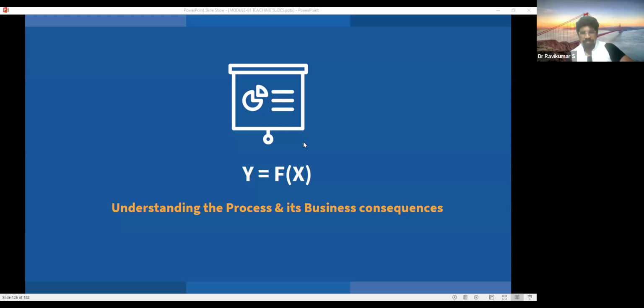Similarly, you have different types of output which are connected with various inputs. All these inputs have to be connected to the proper output. Then all the final outputs together provide your product or the service. We need to understand that clearly. Then only you'll be able to vary the process output by changing the inputs. So we need to have a very good understanding about that.